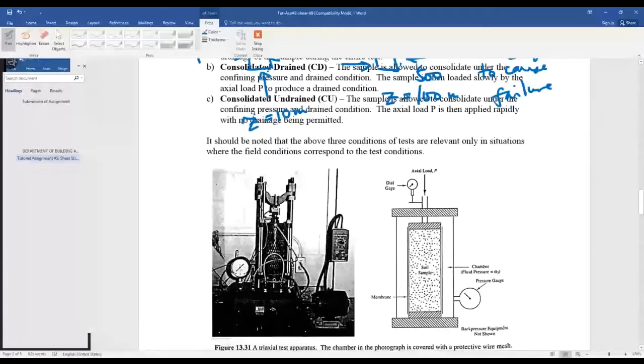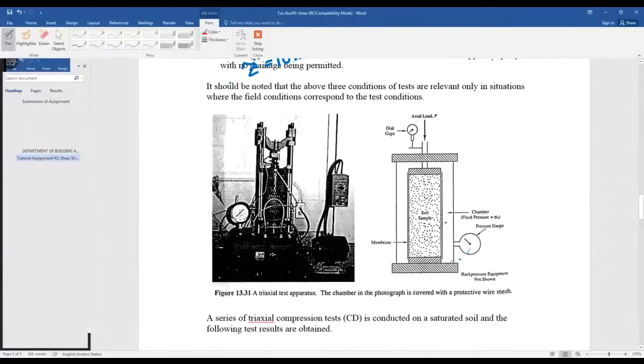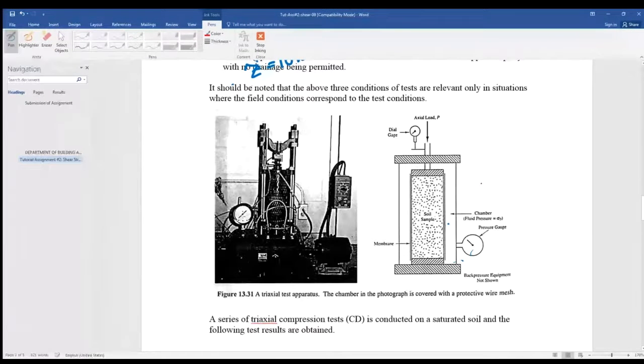Okay, now let's take a look at this triaxial compression testing. First of all, you have the soil sample. Now this is water, right?